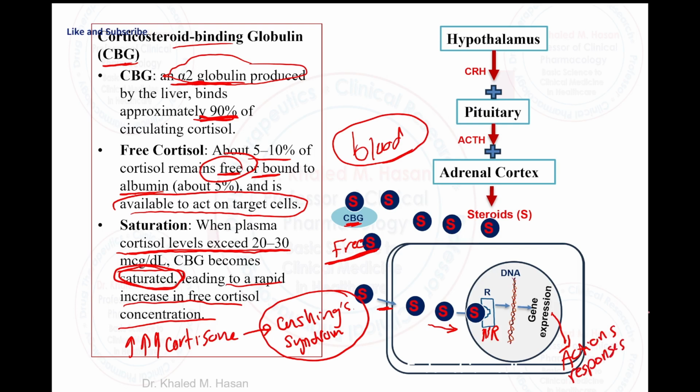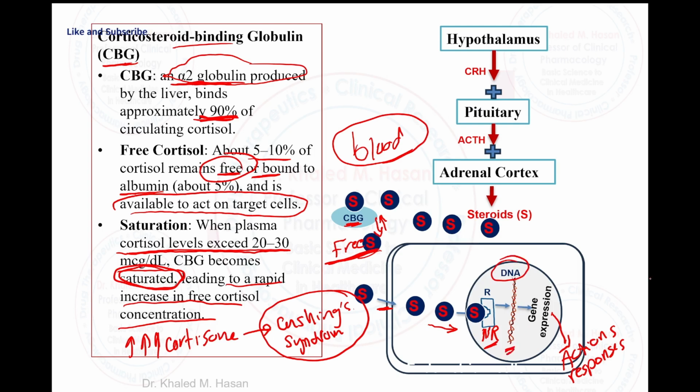So now we understand how the hormones work. Start from the hypothalamus, pituitary, adrenal cortex, to the blood, binding to the globulin. We have an inverse relationship with the globulin, so we can type here an arrow for the inverse relationship. Then the free steroid enters the cell, binds to the nuclear receptor, affects the DNA, and leads to transcription of DNA.